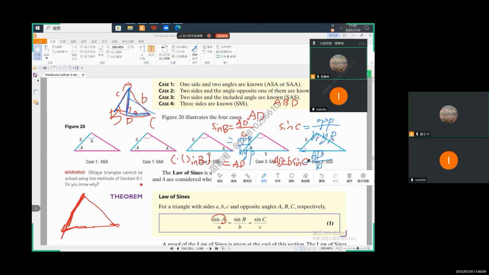Yeah. And since AD both equal each other, C times sine B equals B times sine C, right? Does that make sense? They're both equal to AD, right?